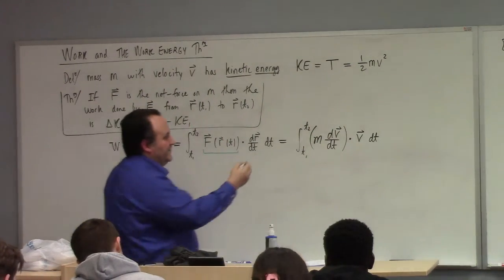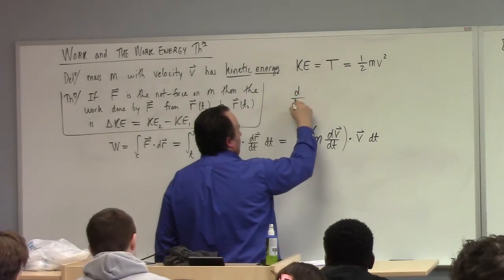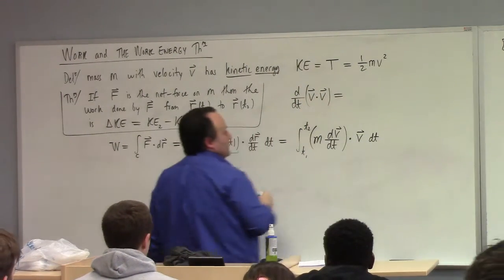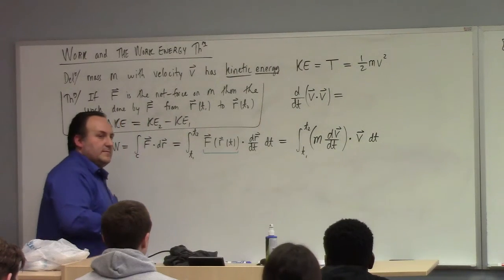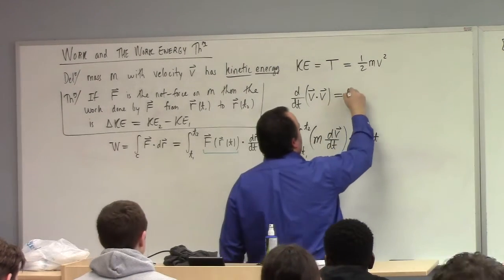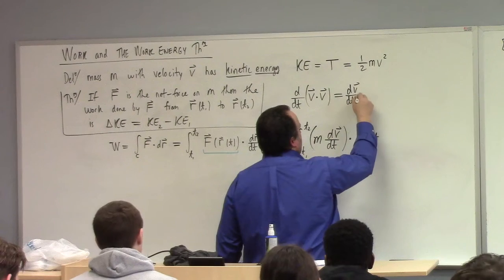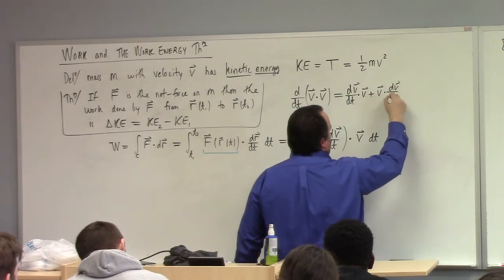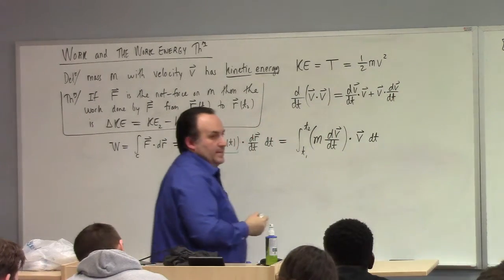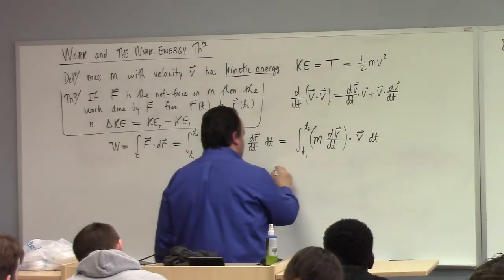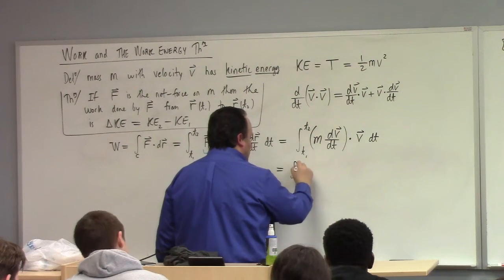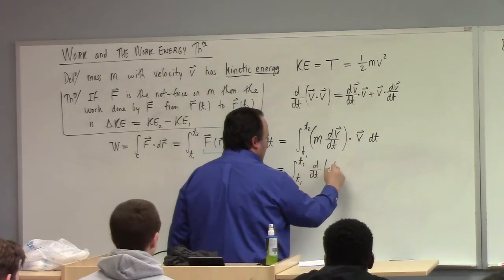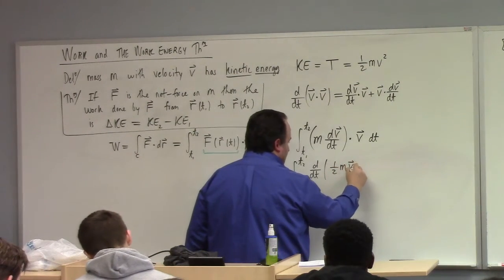Check this out. If we take the derivative of v dot v, what do you get? Do you guys remember the product rule? So, yeah, we get dv/dt dot v plus v dot dv/dt, right? So check it out. This is the integral from t1 to t2 of the total derivative of 1/2 m v dot v.